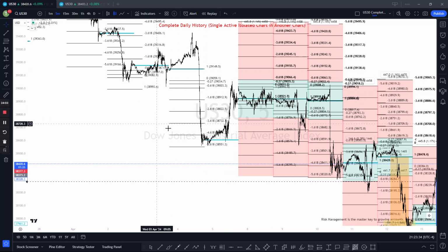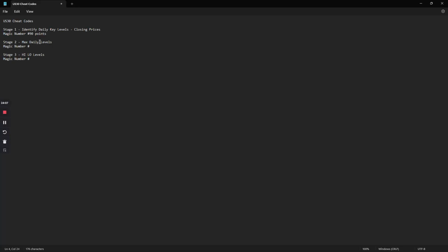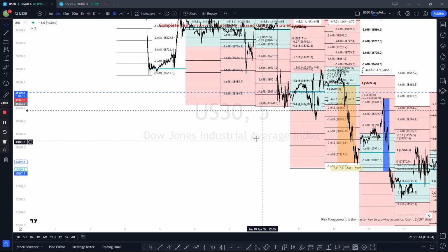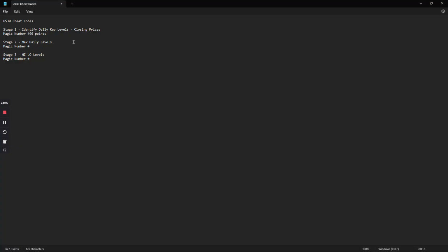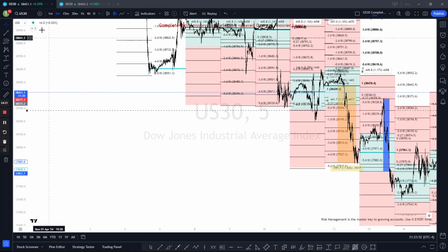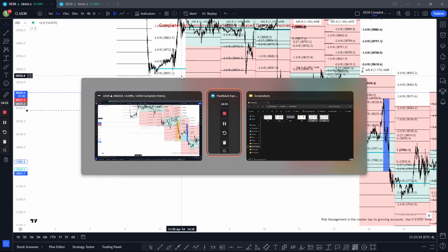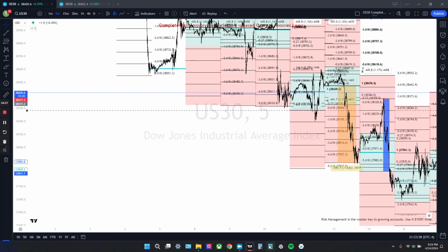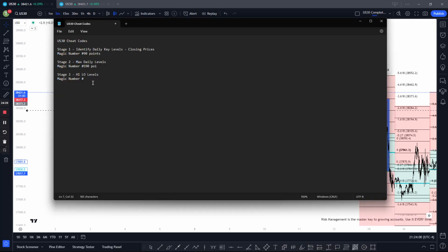Set numerical amount down. 90 is the magic number. Magic number here is approximately, give or take, 590 points. Interesting. 590 points.